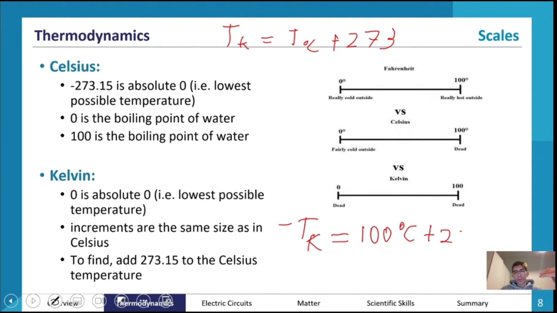You add 273 and the resultant would be 373 Kelvin.